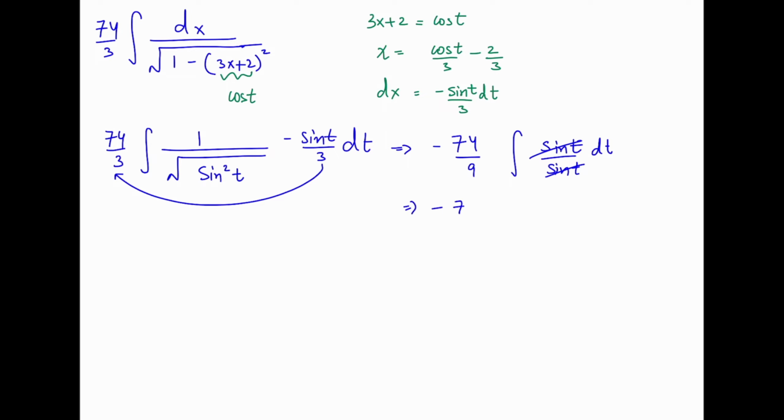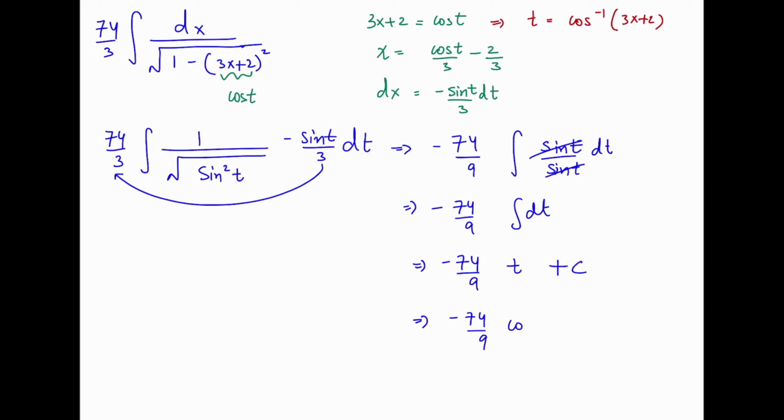So you have negative 74 over 9 and then t from here, 3x plus 2. So the answer that you submit here, plus c.